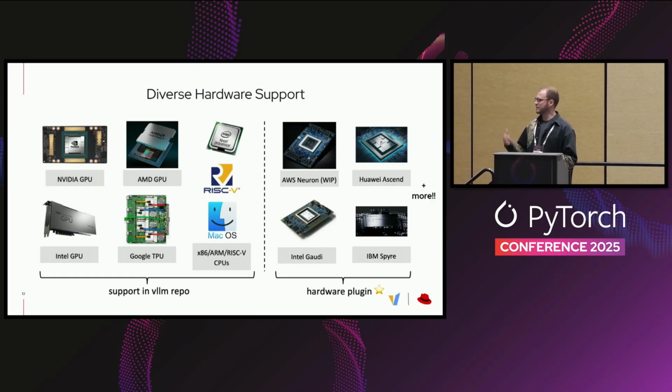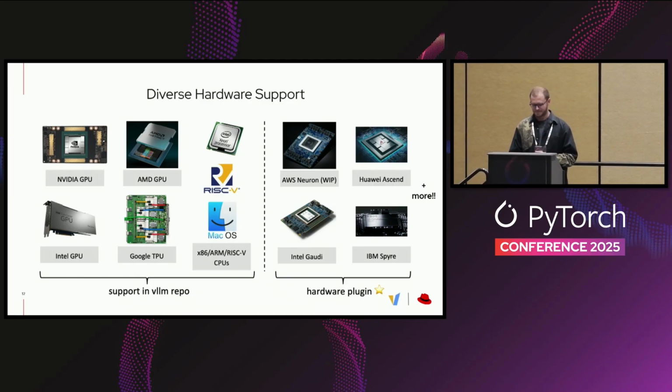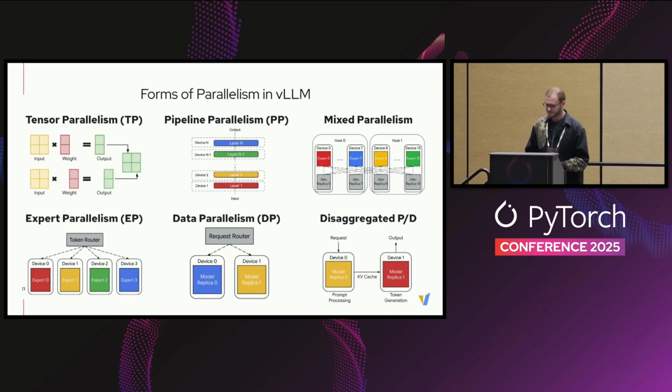So there's a large variety of hardware accelerators and CPUs, frankly, that have support within the vLLM repo, and an increasing number that have out-of-tree plugins and their own open source projects that plug into vLLM and implement new hardware backends. There's even more than this, an increasing amount in Asia that we're supporting. So yeah, it's just really cool to see the complexity and different approaches that the different hardware backends are taking that we're able to see through our collaboration in vLLM.